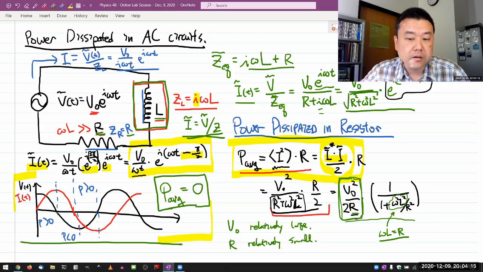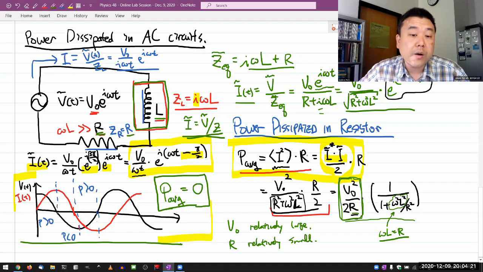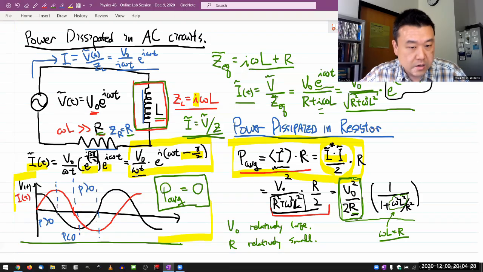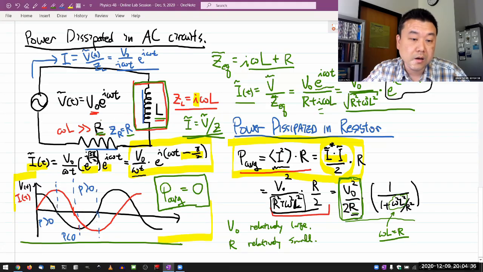And this is the scenario that the Wikipedia article was describing as when power factor is high. What I want to describe now is the modification that can be made to the circuit to remedy this situation, that a lot of power is being dissipated in the resistor.